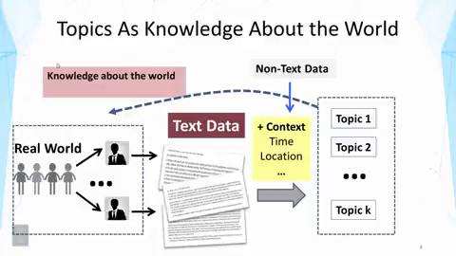For example, looking at topics over time, we would be able to discover whether there's a trending topic, or some topics might be fading away. Similarly, looking at the topics in different locations, we might know some insights about people's opinions in different locations. So that's why mining topics is very important.